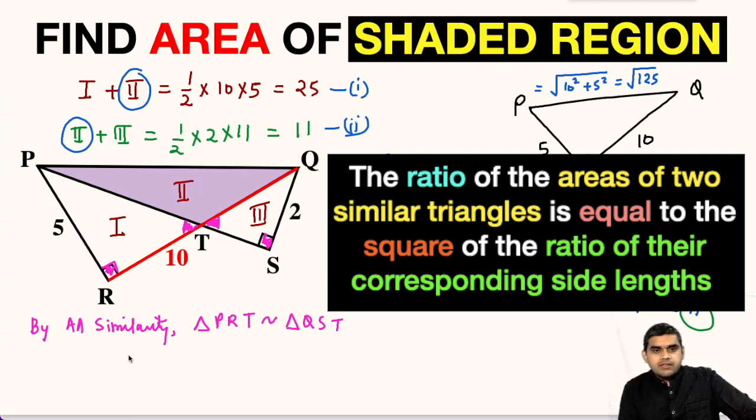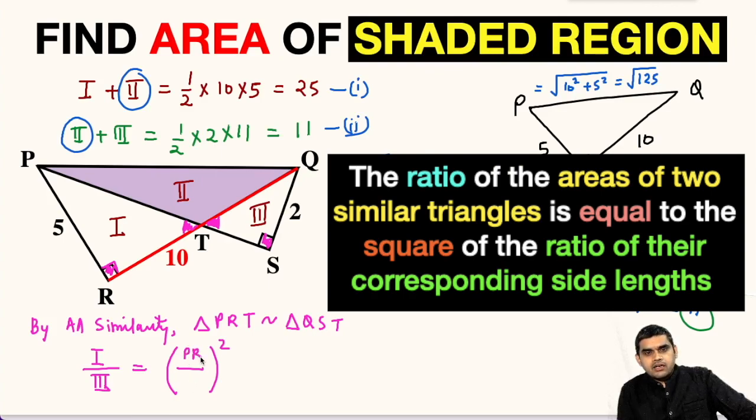So from here we can write that area of first triangle upon area of third triangle is equal to ratio of square of corresponding sides. So we can write PR upon QS. We can substitute the values next. So this will be 5 upon 2 whole square.